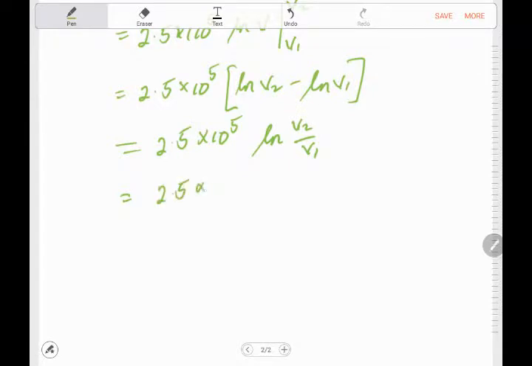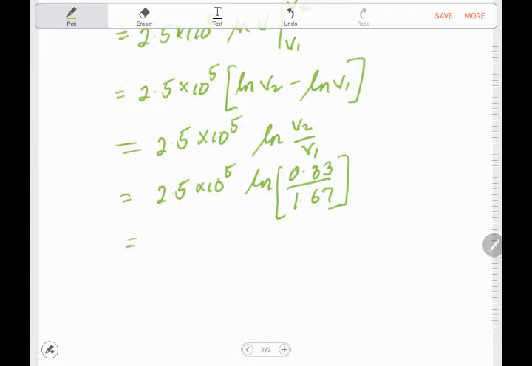So 2.5 times 10 raised to power 5 times ln. What did we get for V2? 0.33, over, and what did we get for V1? 1.67. So we continue.